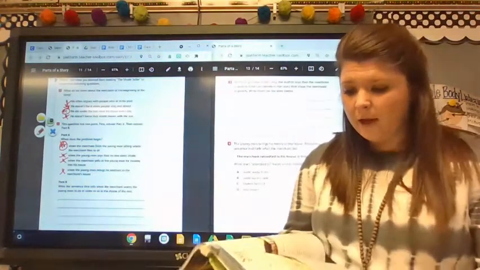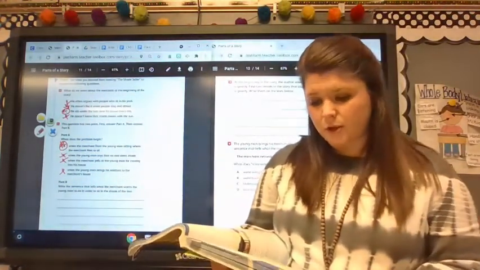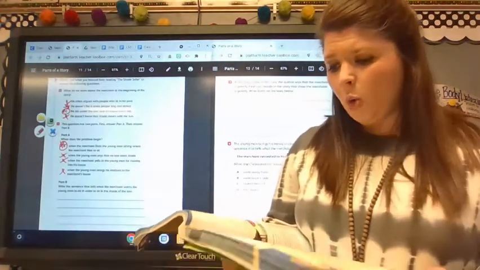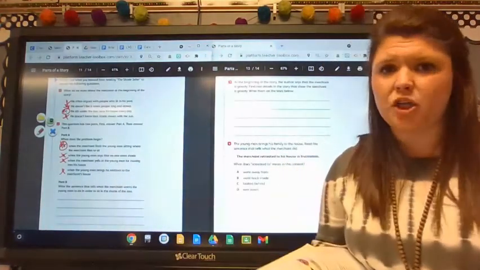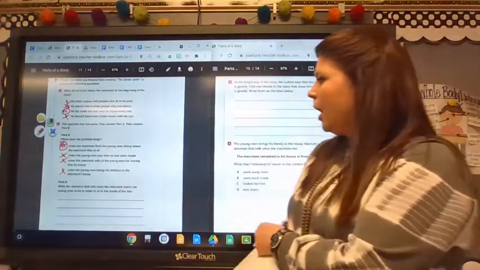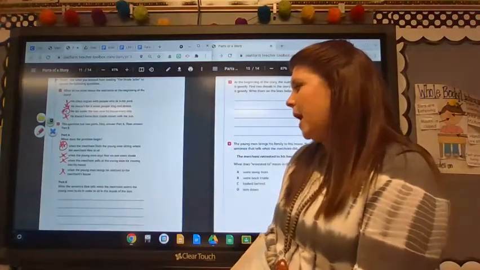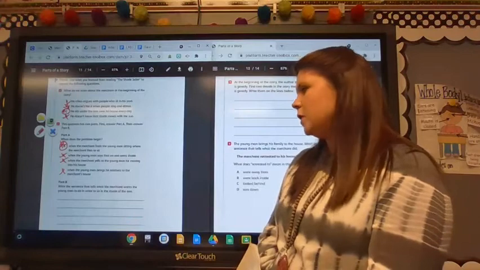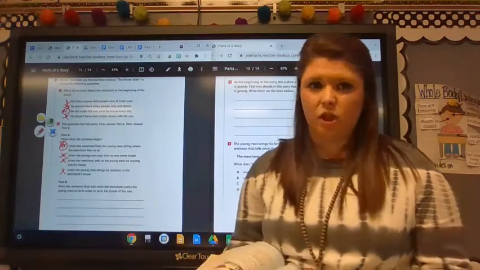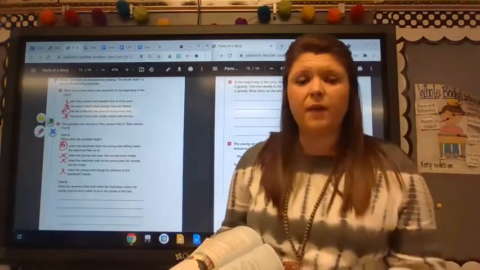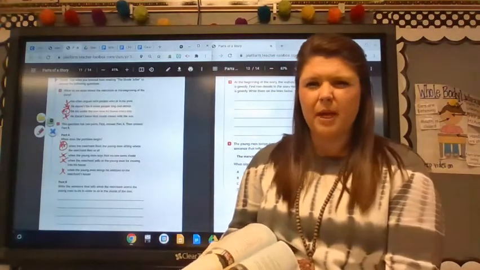One warm day, a young man stopped to rest under the tree too. Oh, cried the merchant, what do you think you're doing sitting in my shade? Okay? All right, and then B, write the sentence that tells what the merchant wants the young man to do in order to sit in the shade. So now that the merchant has found the man sitting in the shade, what does he make him do?